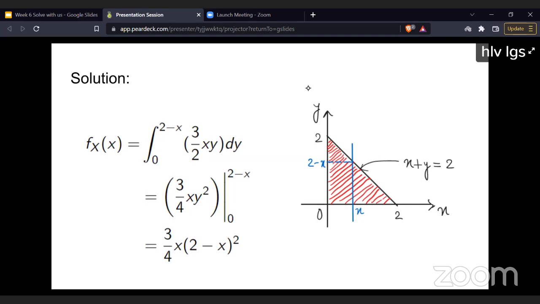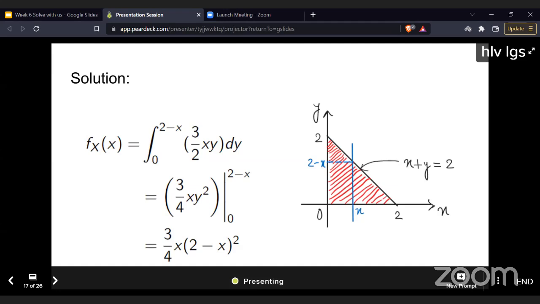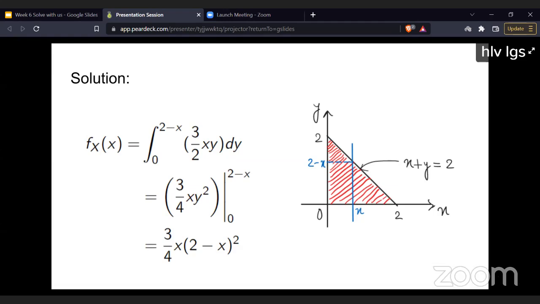Am I right in my question? Yeah, what you just told is right. So if you try to sum it over, it's 2 minus 6 square.